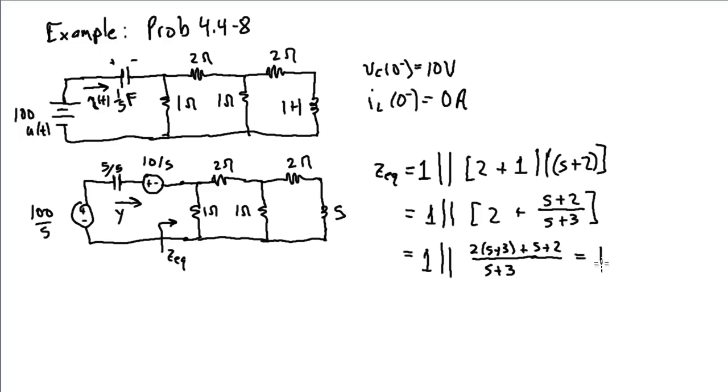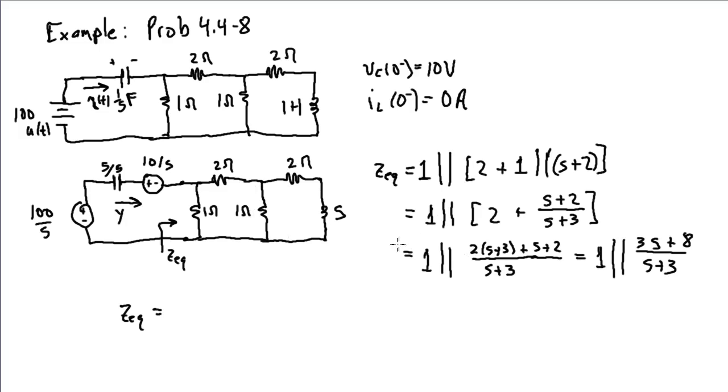So this becomes 1 in parallel with, I'm going to have here 3s, and I'll have 6 plus 2 or 8, over s plus 3, and then finally combining my 1 ohm resistor here in parallel with the equivalent impedance of the rest, the 3s plus 8 over s plus 3.